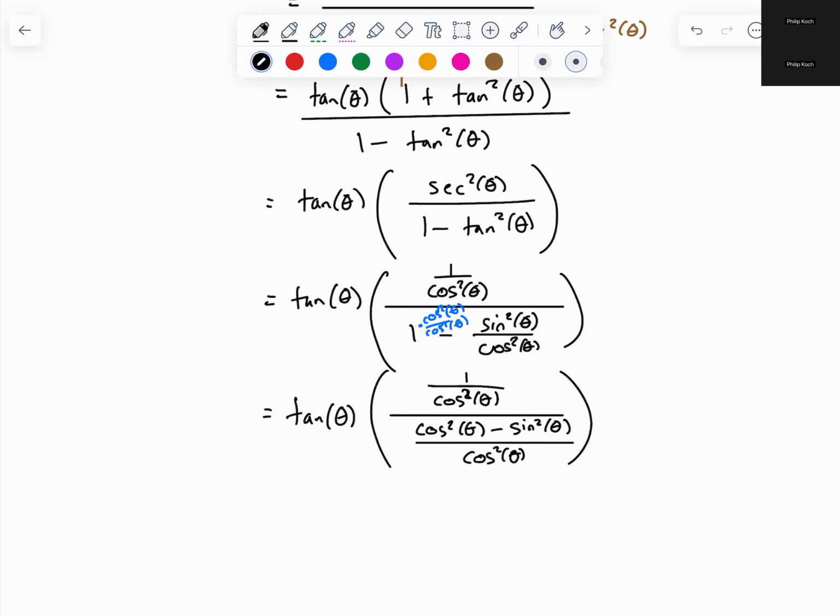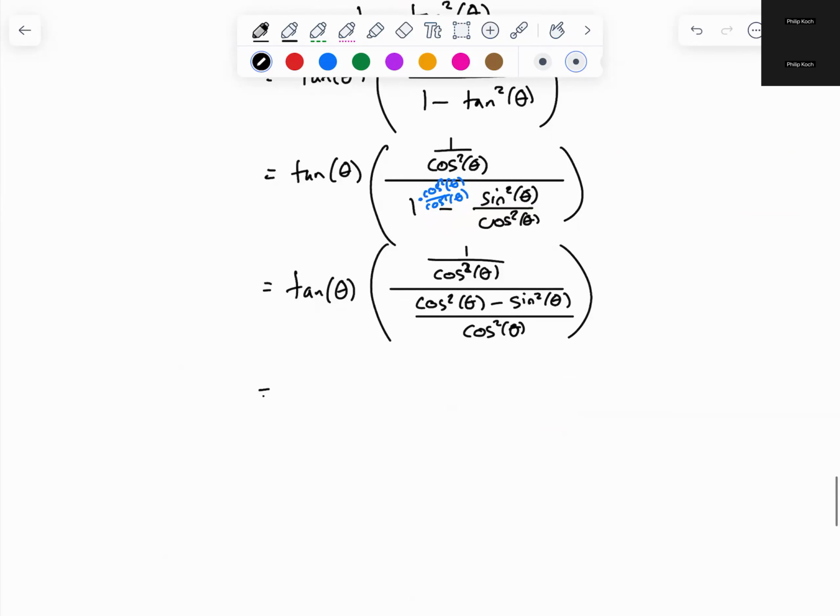So now we can flip and multiply, and the cosine squareds will cancel. And so this will be equal to tangent of theta times 1 over cosine squared theta minus sine squared theta. Though you could skip multiple steps and do them all at the same time, because this is cosine of 2 theta.